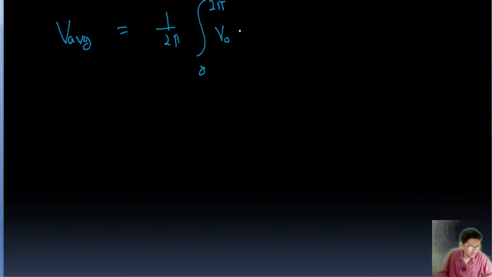Okay, so now we'll find V average, and that value is going to be 1 upon 2 pi, formula we know it, integral from 0 to 2 pi of V0 d omega t, that is V0 sine omega t d omega t, right?